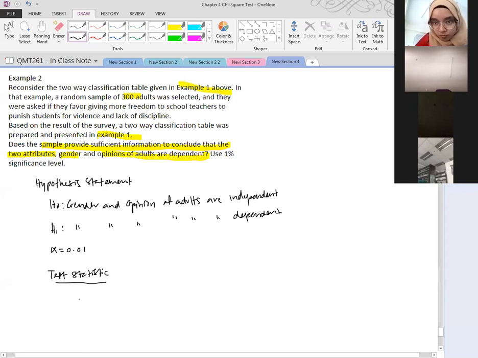So our test statistic is chi-squared, the summation of observed minus expected squared divided by expected.